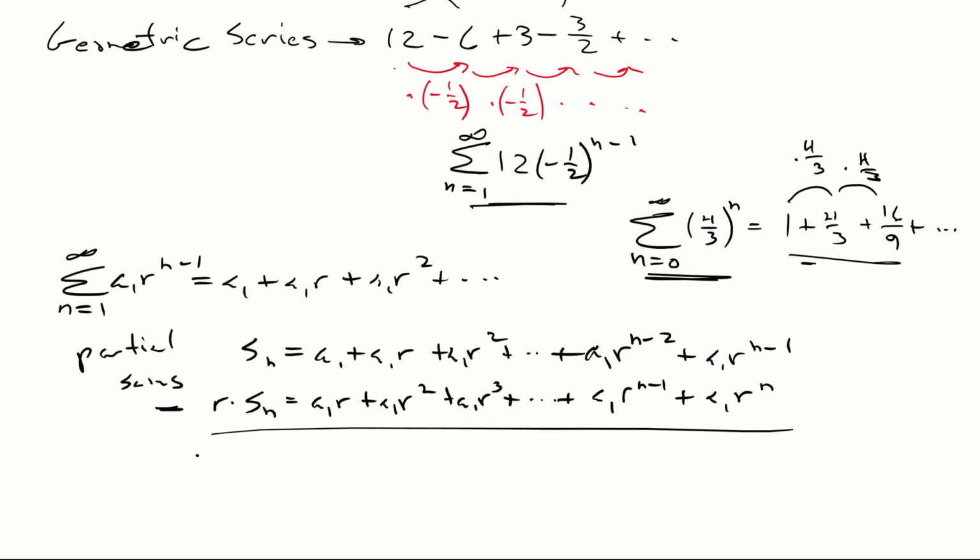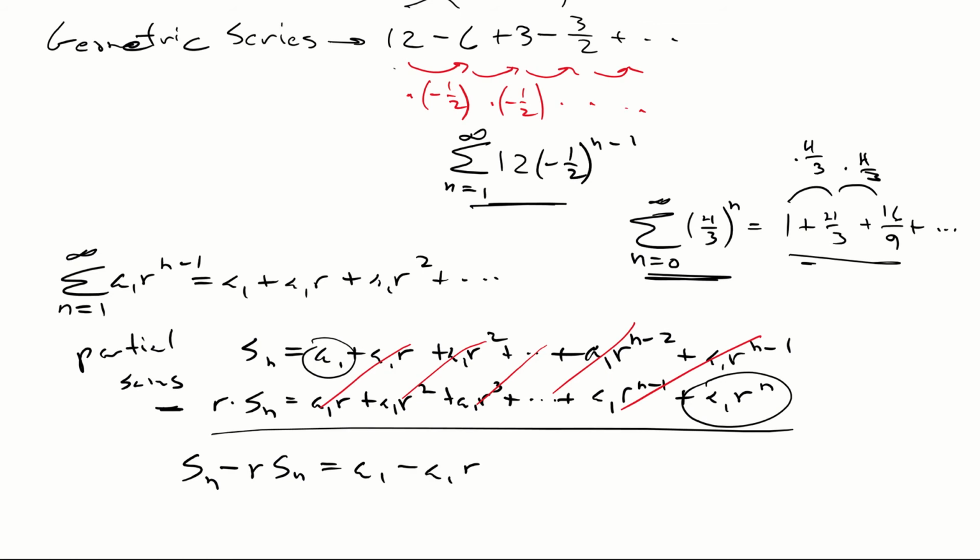On the left-hand side, you have Sn minus r times Sn, the partial sums. On this side, look what happens: one survivor, A1, but the rest cancel out, cancel out, cancel out. And we have another survivor here, minus A1r to the n.